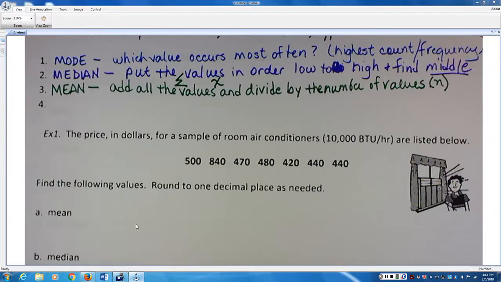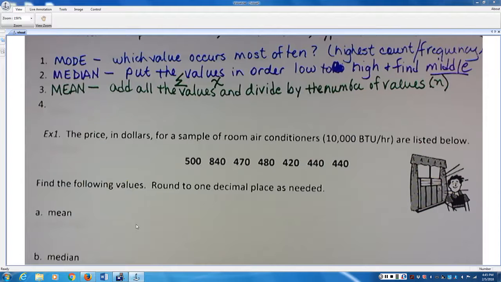If you have an odd number of data values, there will be one single middle value. Like if you have 15 pieces of data, the middle value is the 8th piece of data. Because there's 7 that are less than the 8th piece, and there's 7 that are more than the 8th piece. If you have an even number of data values, then it will be between the 2 that are in the middle. So like in the example we looked at, we had 20 pieces of data. The median was between the 10th and the 11th. Because that's where the dividing line was.